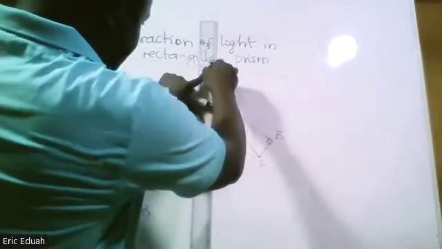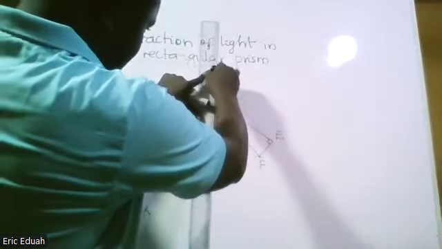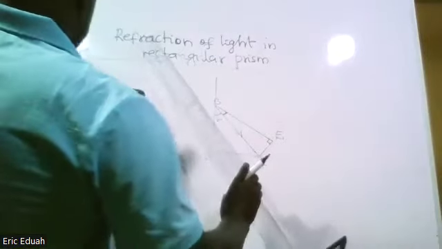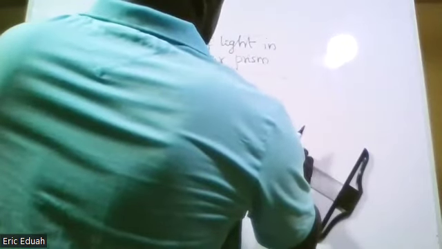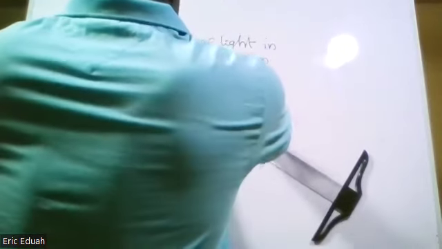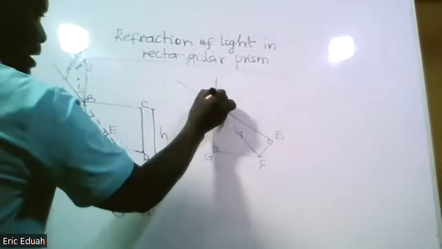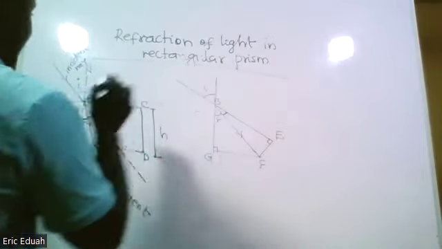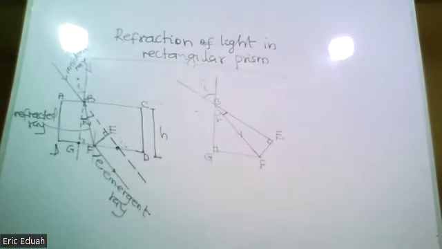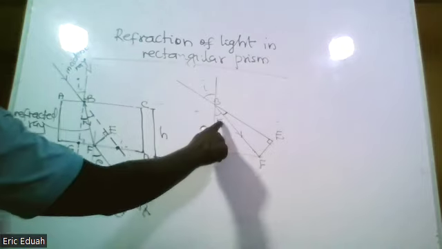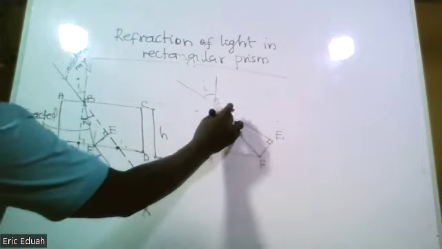When I extrapolate this normal, you have this ray along this side. So this remains the angle of incidence I over here. So class, if this is R, what will be this angle?